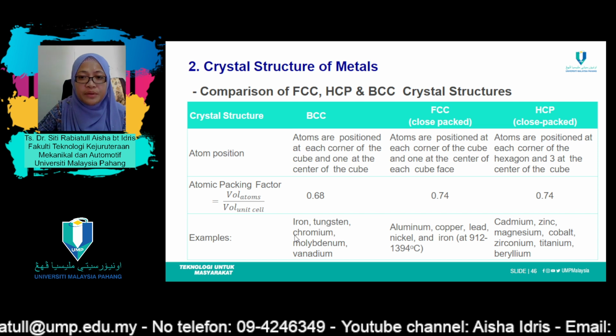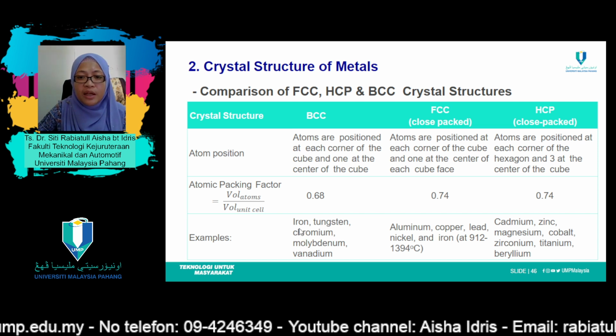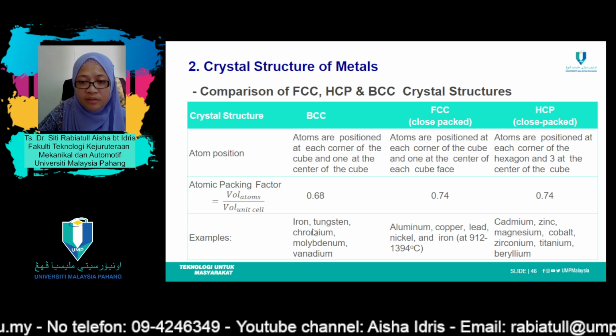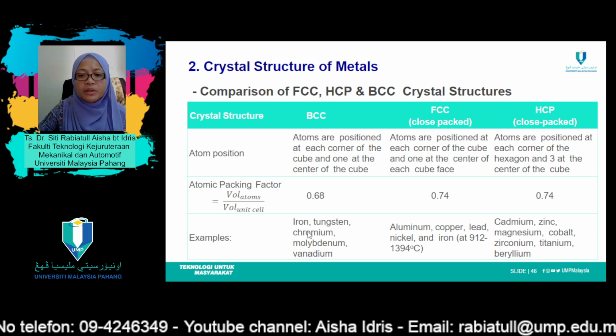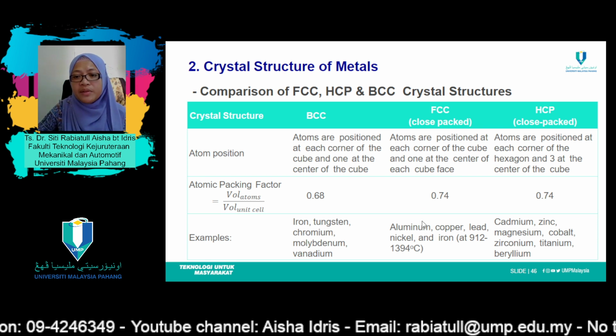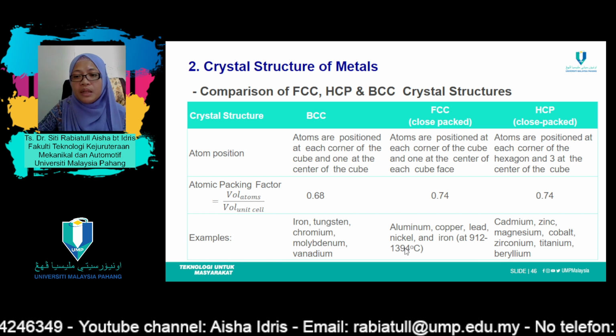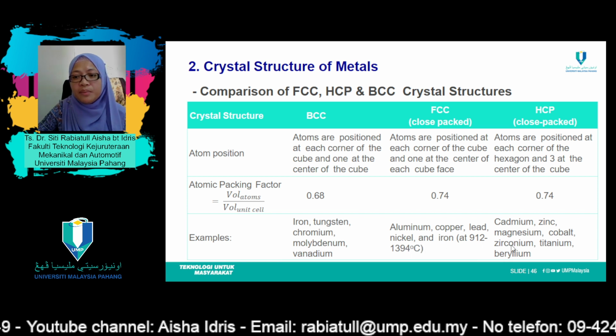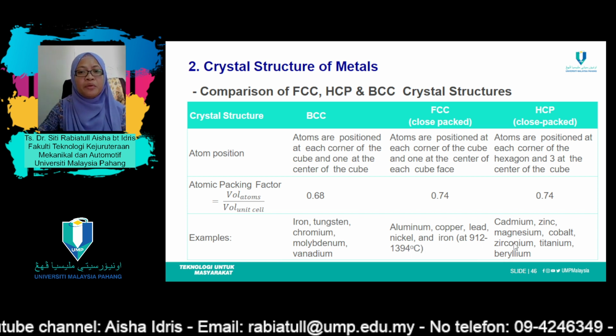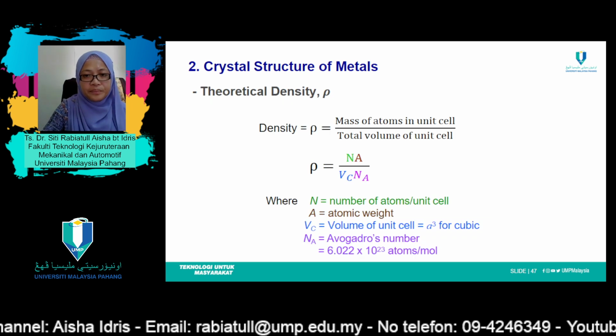Examples of application for BCC are iron, tungsten, chromium, molybdenum, vanadium. FCC: aluminum, copper, lead, nickel, and iron. HCP, yeah, you can read it on your own for these types of comparison.